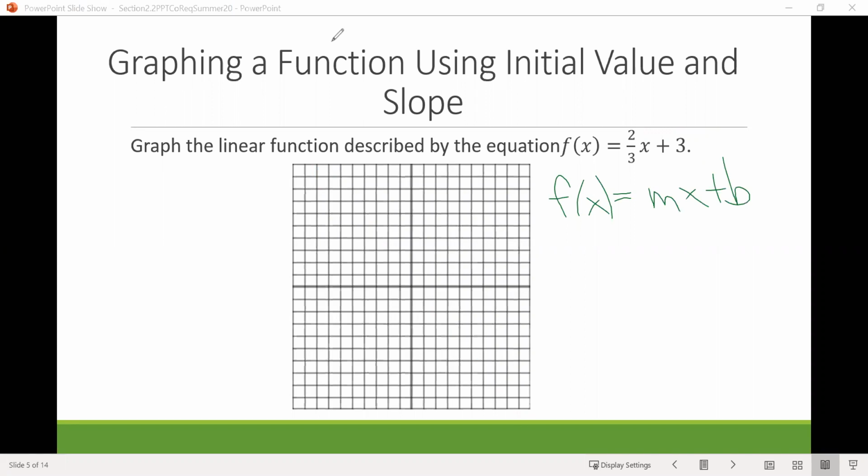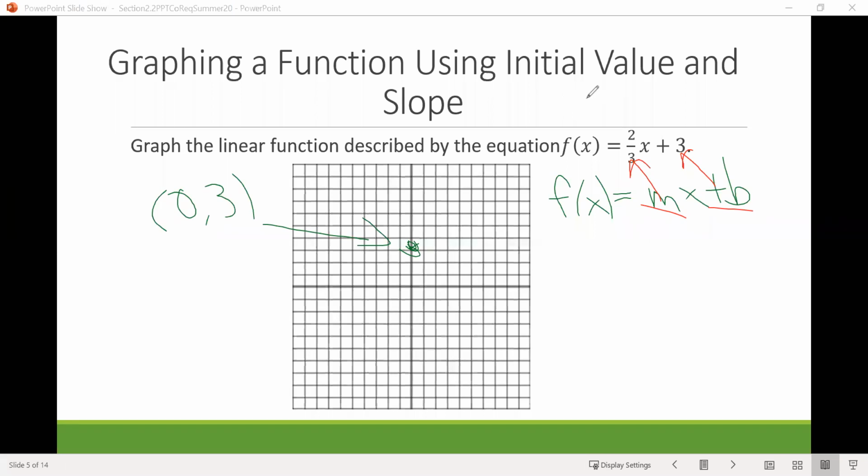And lining those up, we see the value of b here is 3. The value of m is 2/3. We call that value b our vertical intercept. So that tells us where the line intercepts the vertical axis. So we can go up to that point right here and put a dot. And recall that also the coordinates of that are always going to be 0, b. So in this case, it'd be 0, 3, since our value for b is 3.